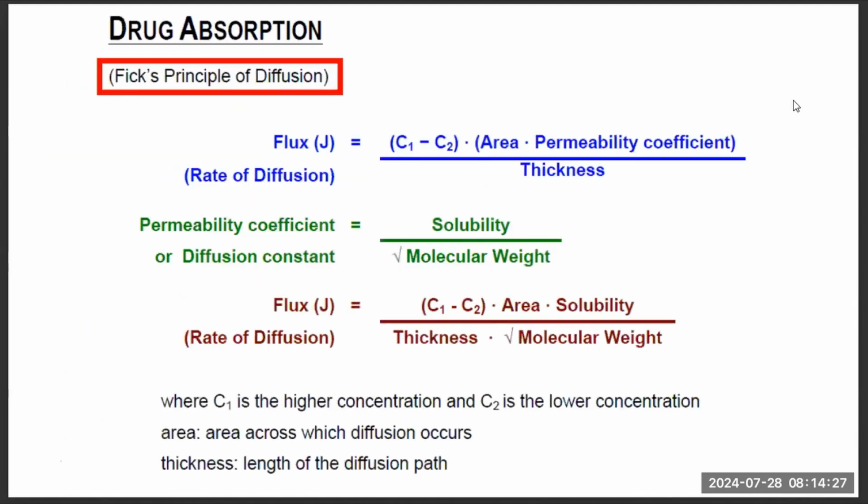Okay, now, this is a very important slide. I think it came out in your exam 2 years ago, or 2 exams before that. All the drugs that are absorbed, let's say from the gut, the skin.